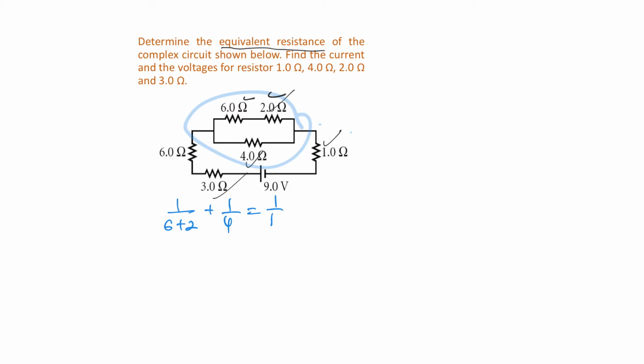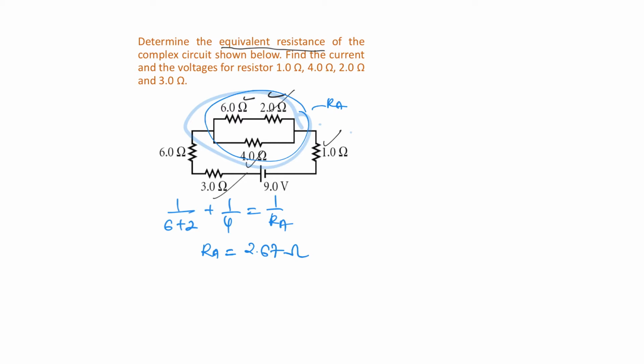So you are going to get 1 over RA. I assume that this area is going to be RA. So what is the value for RA? Please make sure you don't forget to put 1 over RA. So 1 over 4 plus 1 over 8, then divide by the answer, and you are going to get 2.67 ohm. Make sure that you put the units over there.